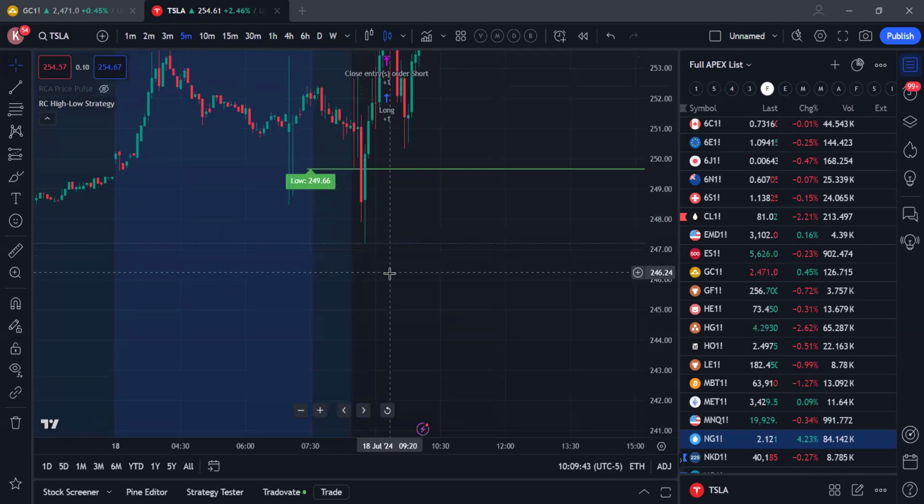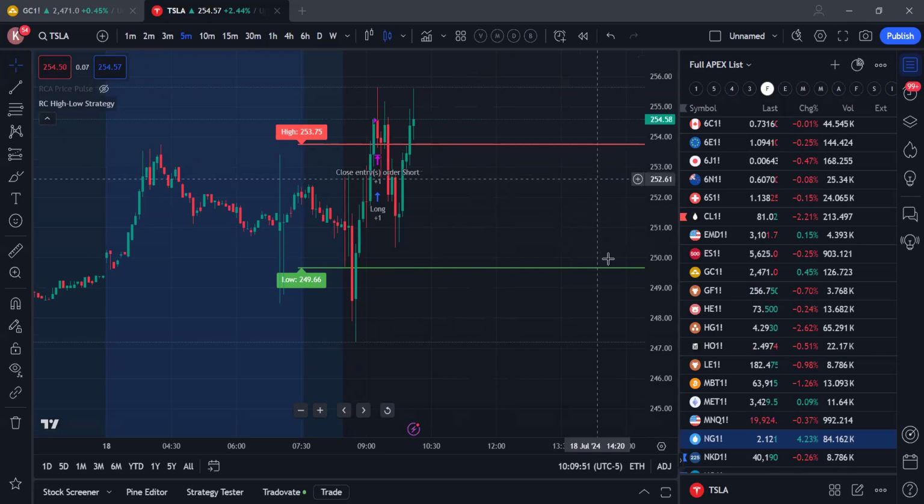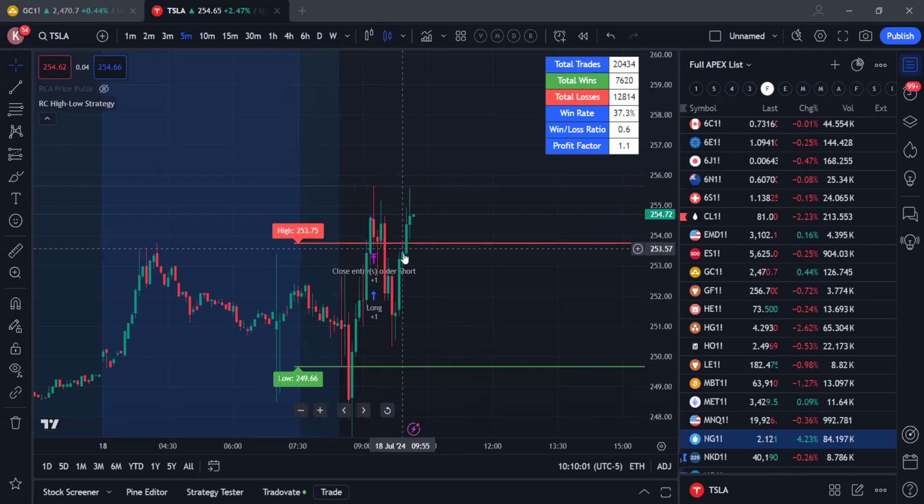Generally, if price is below the low, then this will act as a resistance. If price is in between, then it will be chopping, just moving up and down. If price goes above the high, then it will go higher. Even if it comes back, this will act as a support. Right? The price, it is like a breakout. It broke the resistance and is trying to go up.